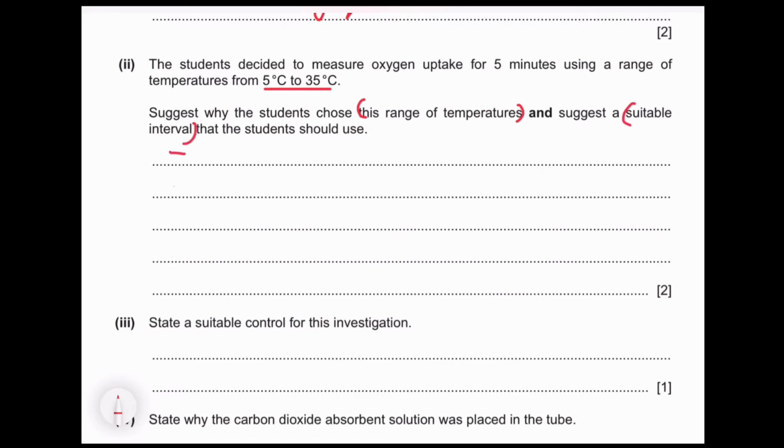So first thing, this range of temperature most likely will be the temperature where the enzymes are functioning, where this enzyme they were referring to will be the respiratory enzyme, and we wouldn't want to denature the enzyme.